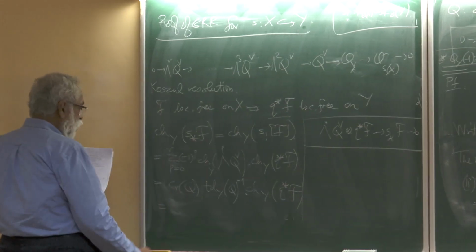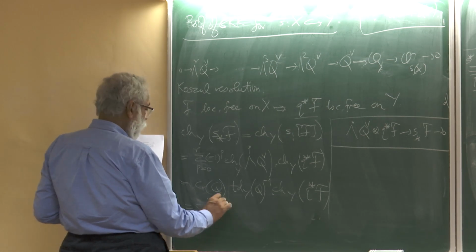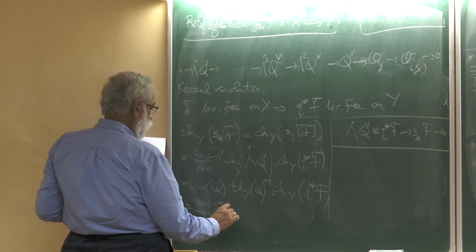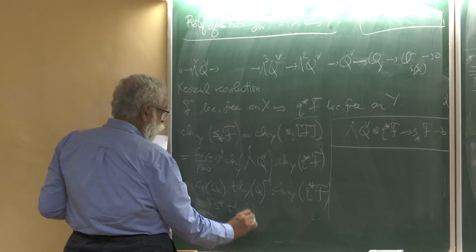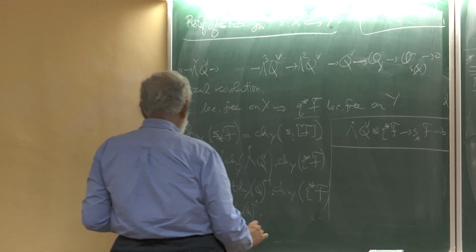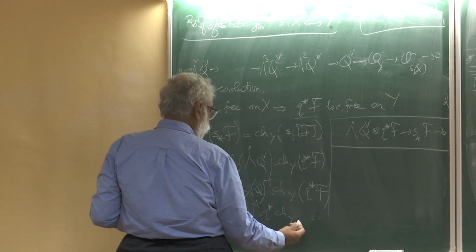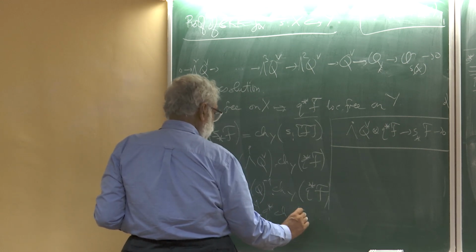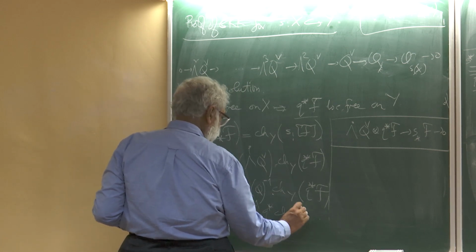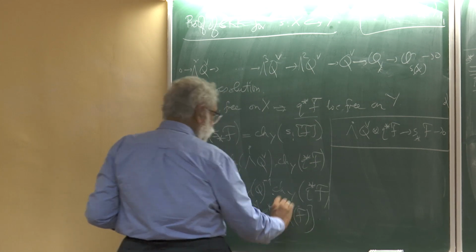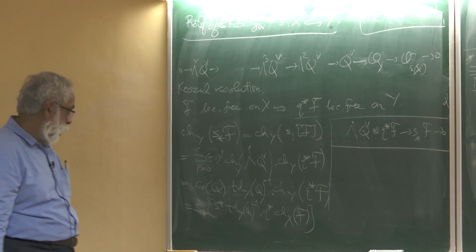So I'll rewrite this as S lower star of S upper star of whatever's inside, which is Todd Y of Q inverse q upper star ch Y of ch X of F, because I've used that Chern character is functorial for the map q, so I'm able to write it like this.